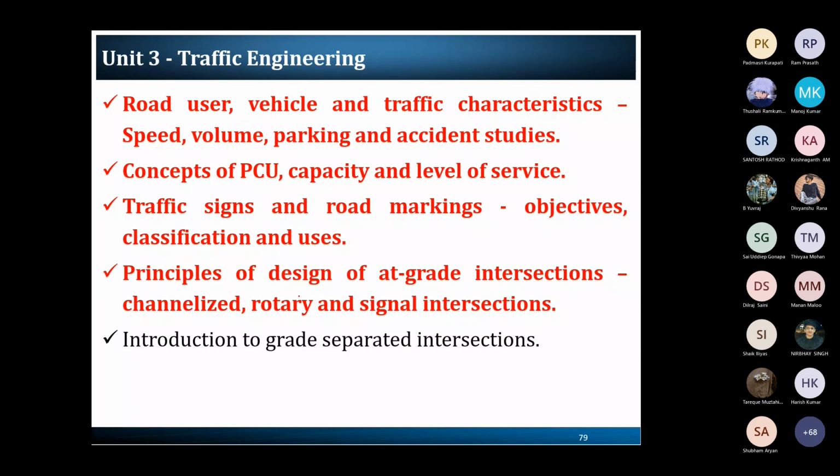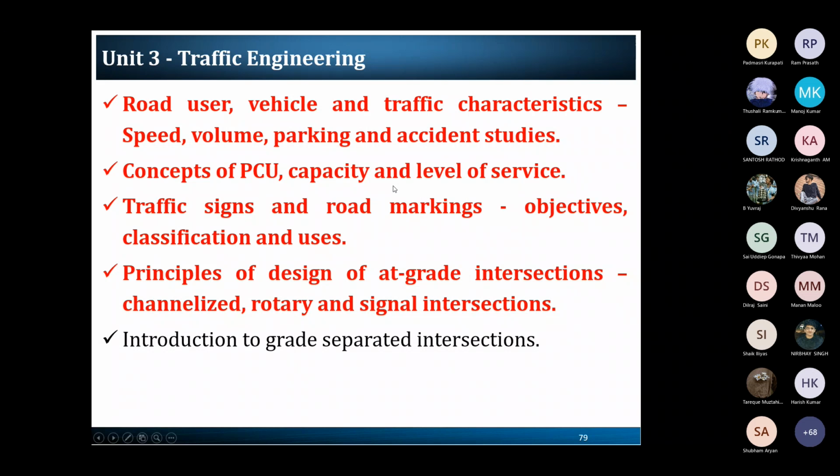The three concepts we will study in more detail in the next semester, in traffic engineering and safety, with respect to design and some problems, at a little more micro level.